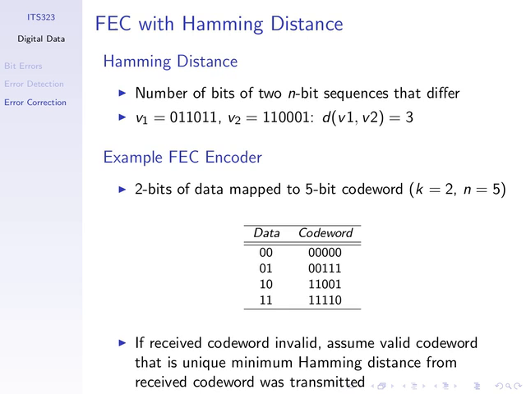We'd prefer correction, but this is okay as well. If we cannot correct, then at least we can detect. The thing we don't want is to miss errors, where there are errors and we don't know about it. So we'd like to choose an error correction algorithm that maximizes error correction and error detection and minimizes the chance that we miss errors.